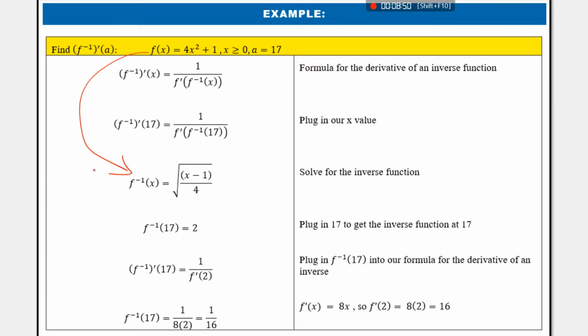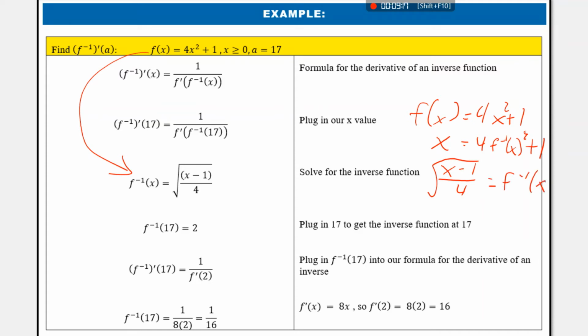So if I have f of x is equal to 4x squared plus 1, and I swap out my output and input, and then solve for the inverse, I'll have the square root of (x minus 1) over 4 is equal to the inverse, which is here. So if I plug in my x value of 17, I would get 17 minus 1 is 16, divided by 4 is 4, under the square root is 2. So my inverse at 17 would be 2.